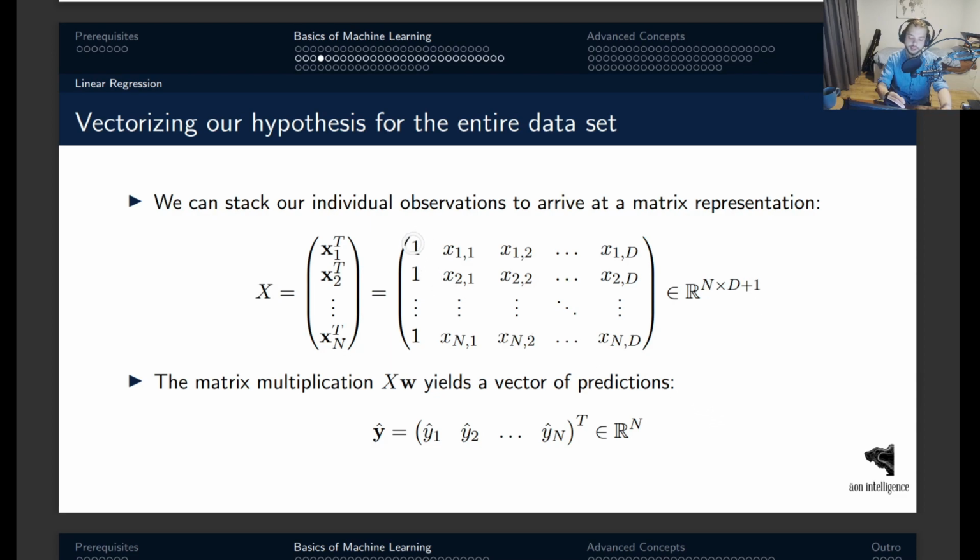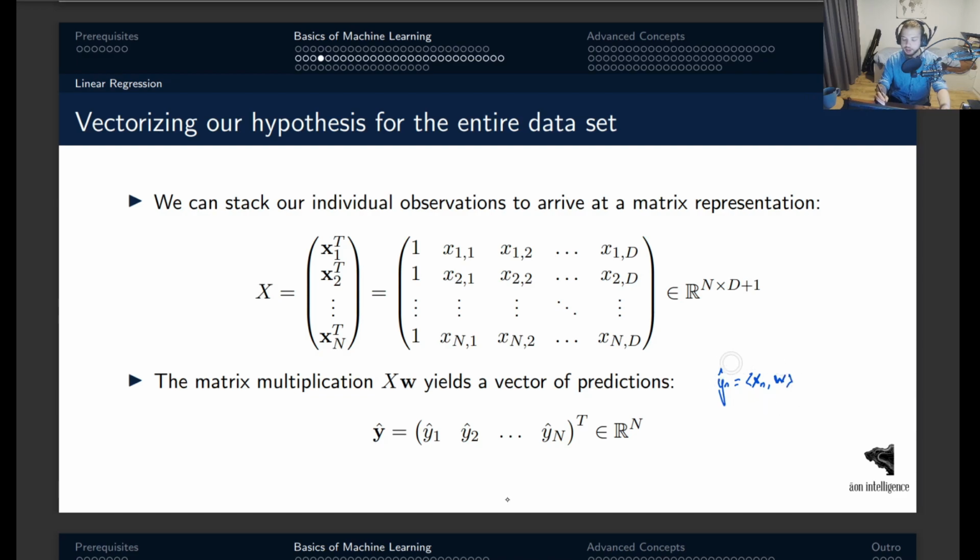I hope that you can see this. This is n many rows and d+1 many columns. Recall that for one individual observation, the inner product between the corresponding feature vector and the weight vector will be your prediction for that particular observation. So let me write it out again. The nth prediction is the inner product between the nth feature vector and our weight vector.